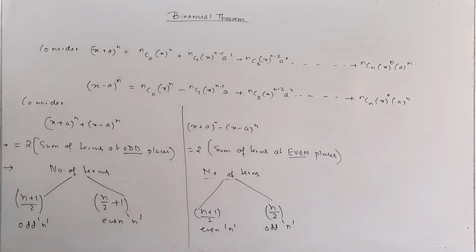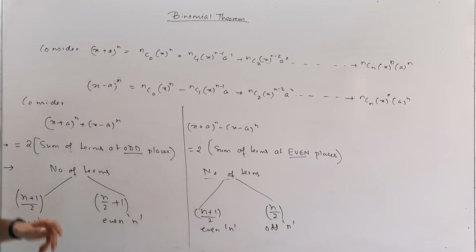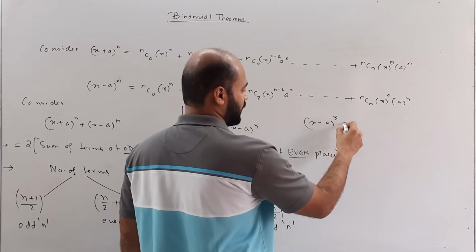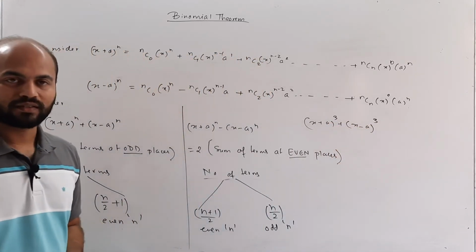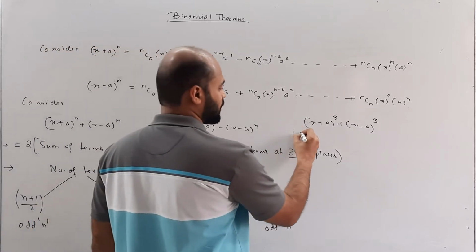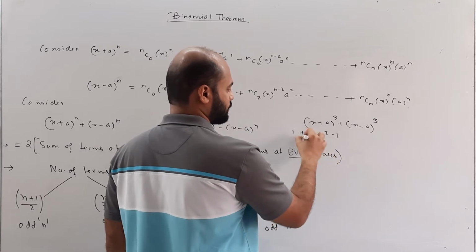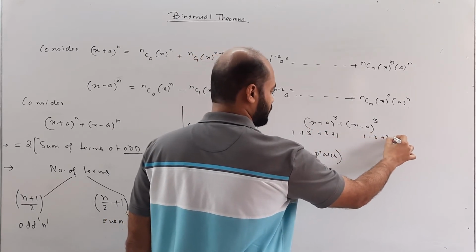Now the number of terms. The number of terms in the first case when n is odd, so if this n is like power 3, let's consider the power is 3, and if you consider this expression x plus a raised to 3 plus x minus a raised to 3, you can for yourself understand that here the terms are going to be 1, 3, 3 and 1 with signs plus, and here they are going to be 1 minus 3 plus 3 minus 1.